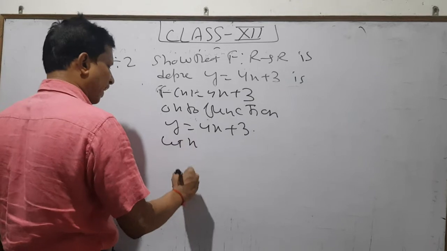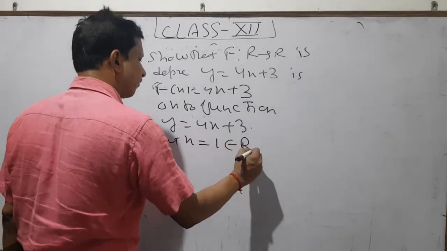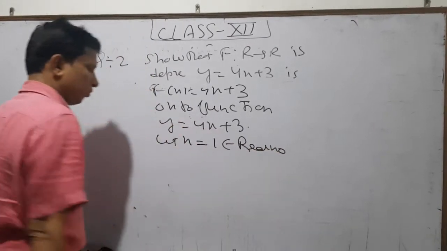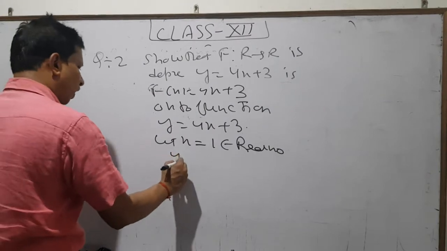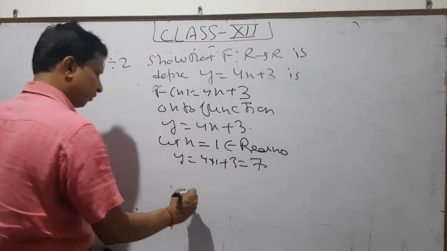Let x = 1 belong to the real numbers, then the value of y is 4 into 1 plus 3, that is 7.